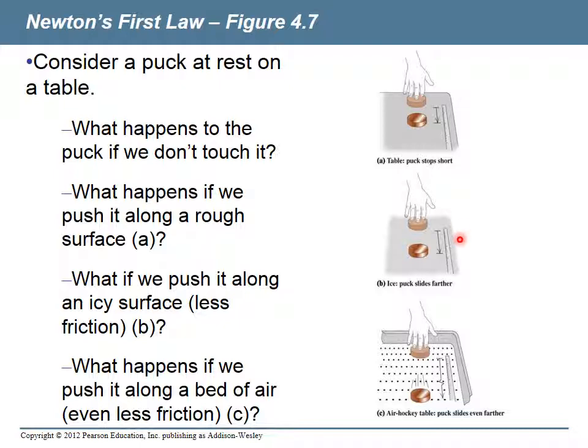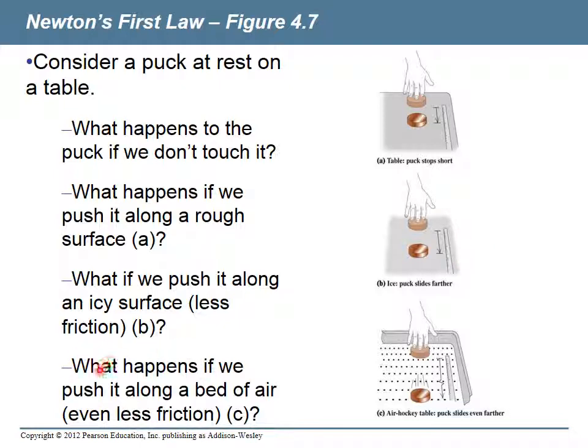When we push it here, there's less friction, so there's less of a force acting on it, so it goes further. And Newton's first law holds true there as well, because it'll move in a straight line unless it's acted on by some other force. That force is friction here, but we have less of a force, so it moves further.